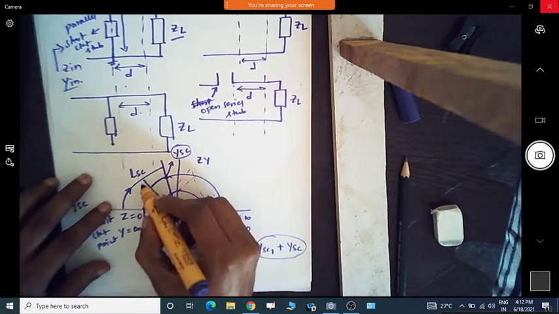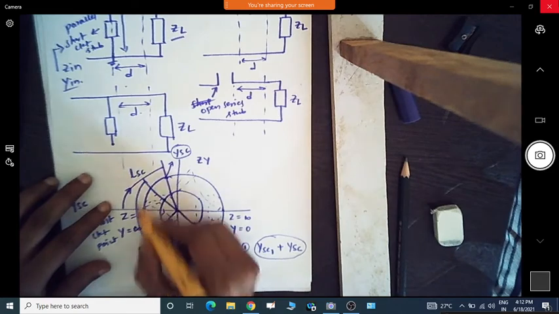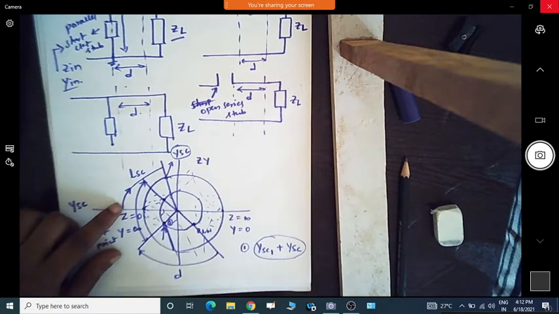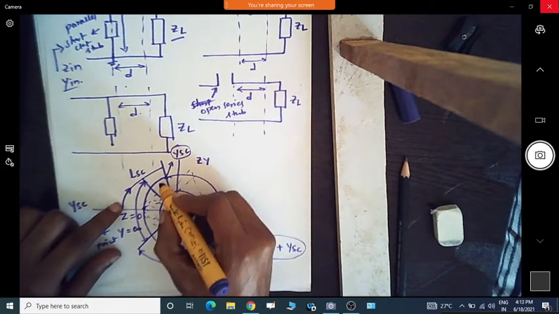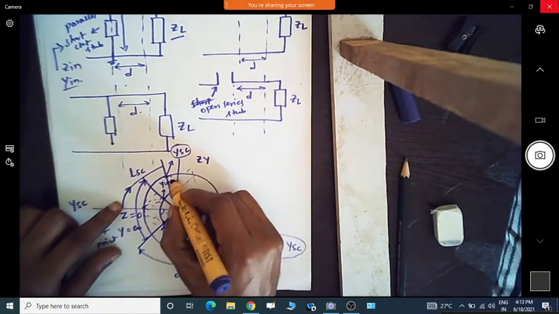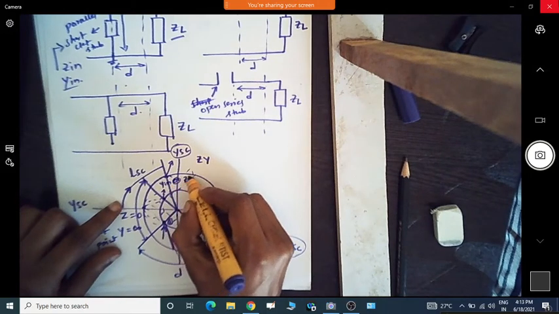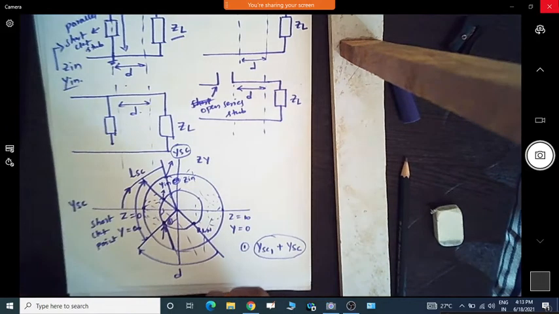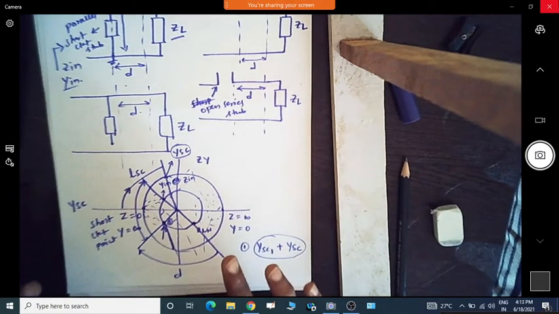Let us say this much susceptance we have added, and the final resultant comes somewhere here. At this point we have to read the input admittance or the input impedance. That is where we have located the input impedance. This is the procedure I described.